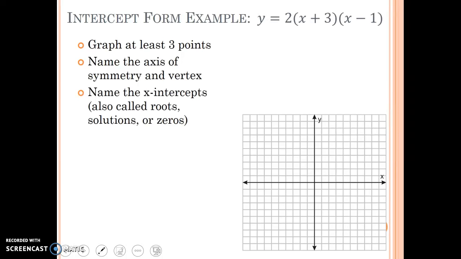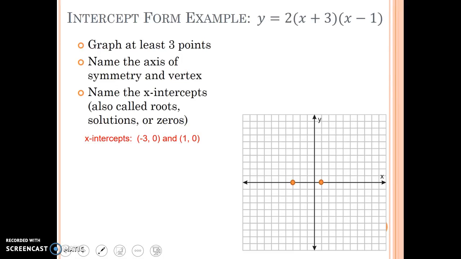All right, so let's look at this example. The first thing we're going to do is try and graph at least 3 points. But we do need to find out what the axis of symmetry is and the vertex. The x-intercepts are (-3, 0) and (1, 0), and we get that from right here. It's going to be the opposite of this number and the opposite of this number. That's going to represent our x-intercepts. So I'm going to graph those here and here.